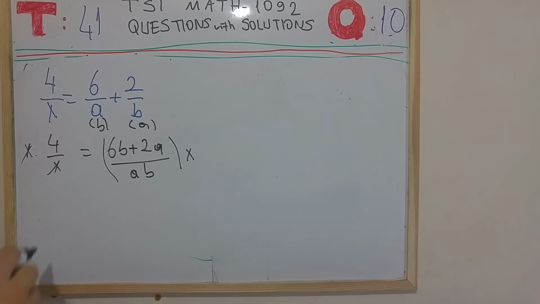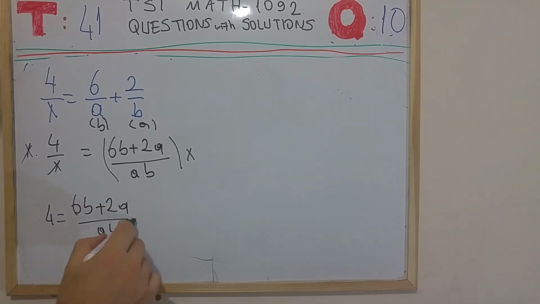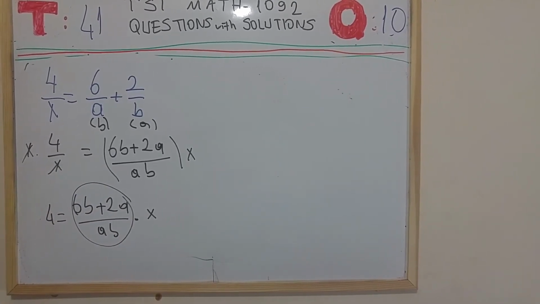What we have now is 4 equal to 6b plus 2a over ab times x. Now what we need to do is to get rid of this fraction, so the x is left alone.